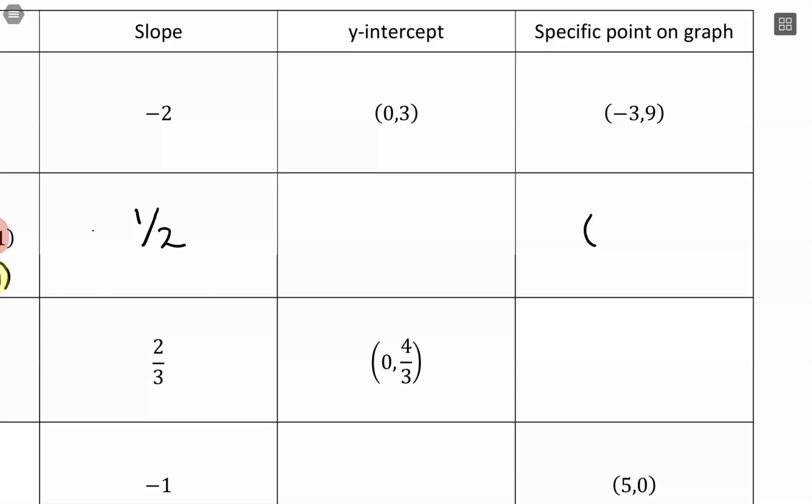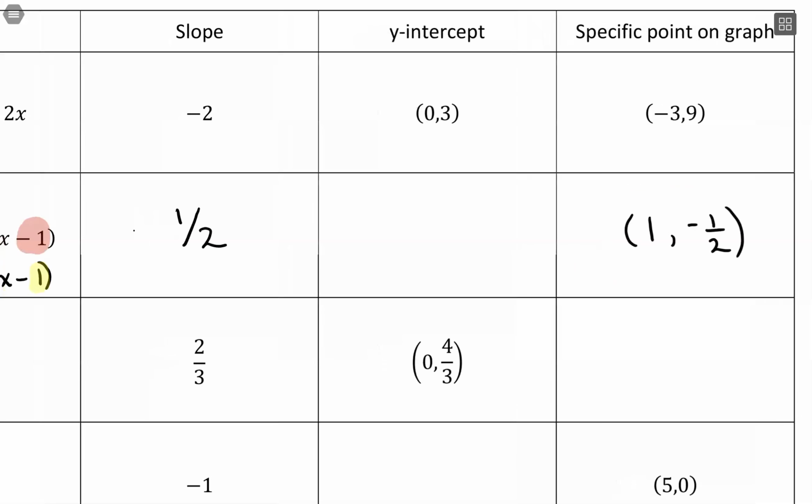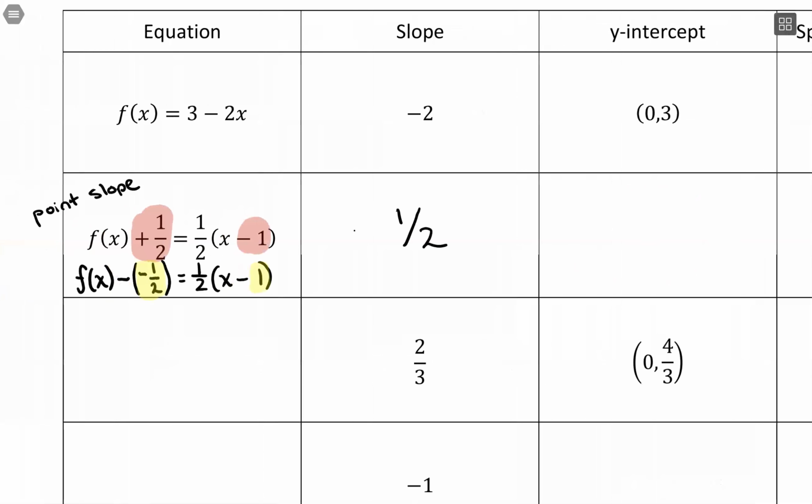Nope, that's the y value. Positive 1, negative 1/2 for the output. And if you get to that point and you're very unsure if that's correct, just plug it in and see if it works in the original equation. So if I plug in x equals 1 and plug in negative 1/2 for f of x, does it all balance out?